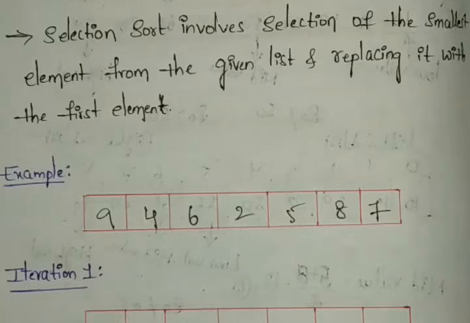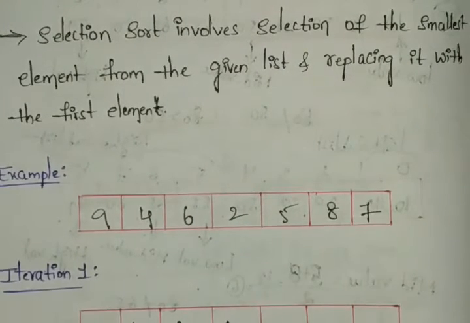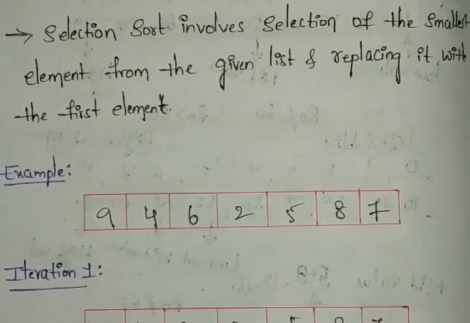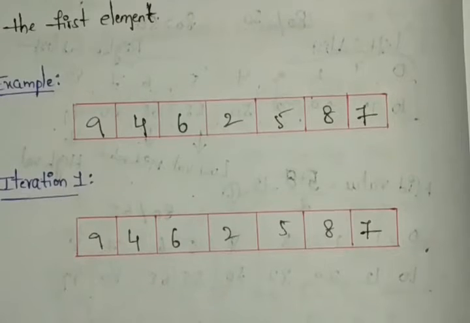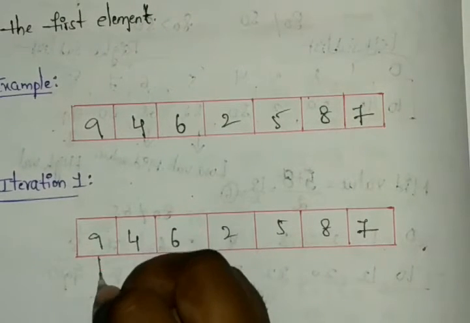Let's see the first iteration. This is our first step. We need to find the first element here. Now this is the first element, right?